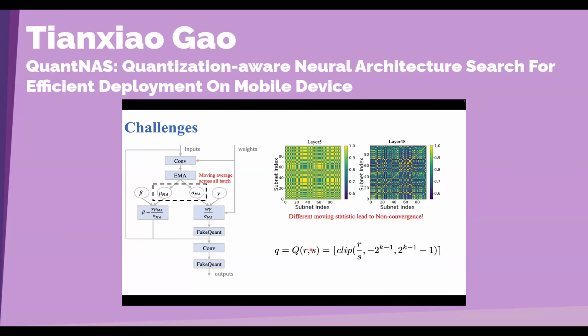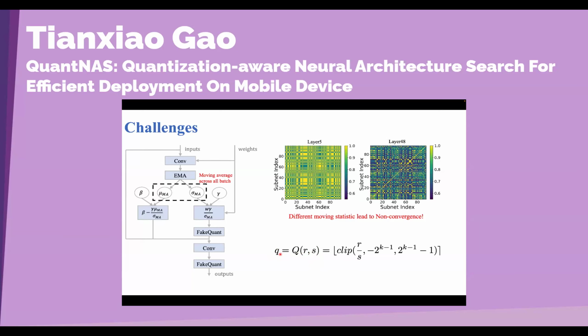Secondly, the scale value S that maps the floating point value into fixed point value plays an important role in improving the accuracy of the quantized model. Due to the differences in moving STD between different subnets, BN calibration is required to recover the performance. Different moving STD across different subnets means that the folded weight of each subnet is different.